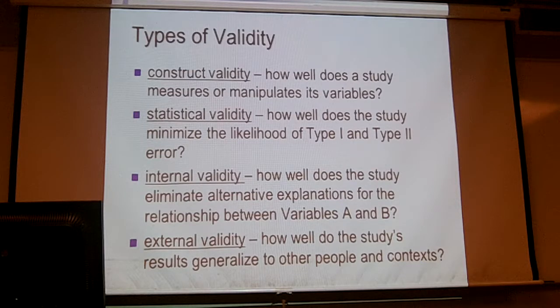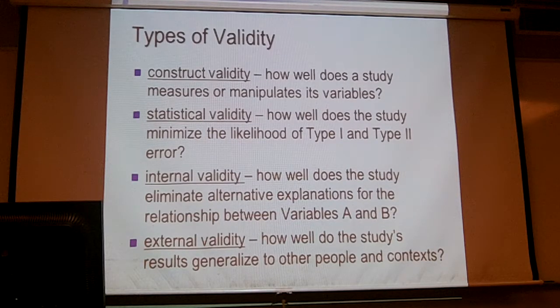If I talk about depression, and I'm measuring depression, it makes sense to measure depression in terms of an established measure, like scores on the Beck Depression Inventory. That's a reasonable way to measure depression, if I'm going to figure out who's depressed and who's not, or how depressed someone is.